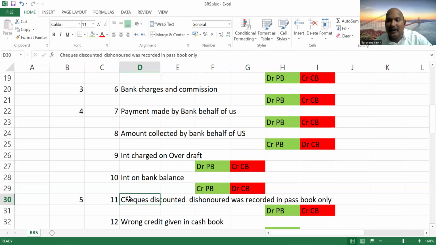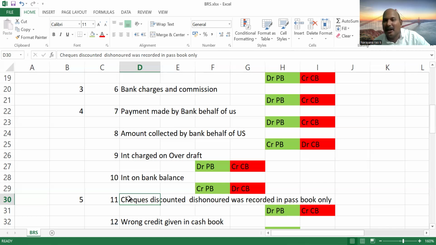But at the time of the due date, the bank will contact the customer. If the customer paid, no issue, no problem. But if the customer didn't pay the amount to the banker, we have to pay the amount to the bank. Automatically at the time of dishonor, the bank balance will be reduced by the banker. That's why cheques discounted and dishonored are recorded on the debit side of the passbook only.